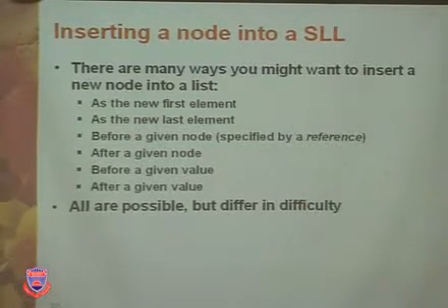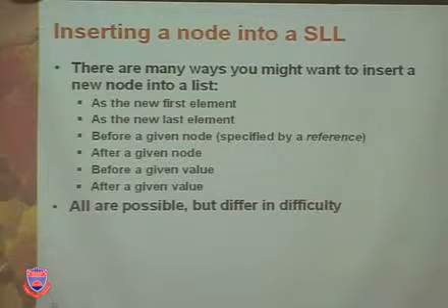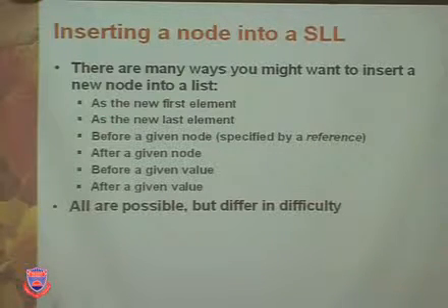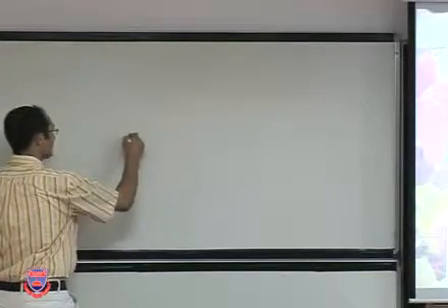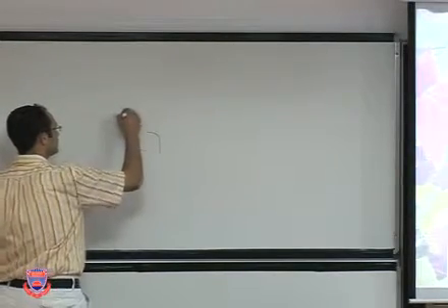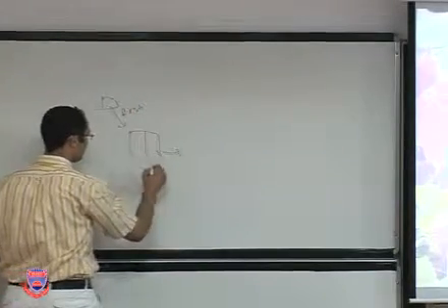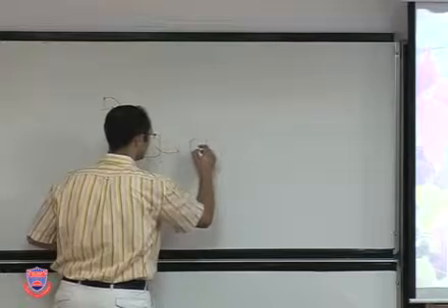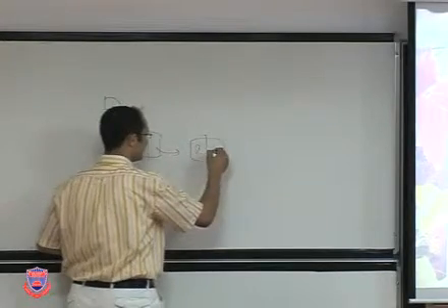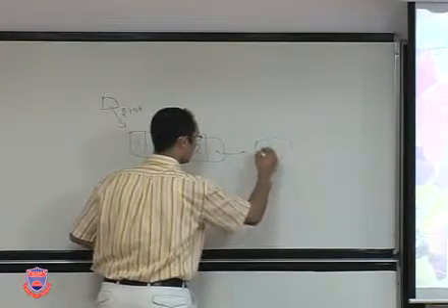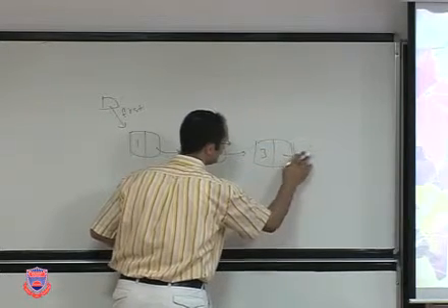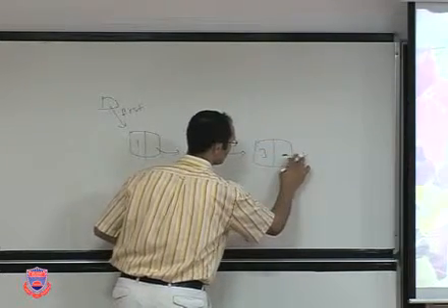So how am I going to, let's say I have, let's say this is first, and then I have 1 here, 2 here, and then 3 here, and this is basically a null pointer which doesn't point to anything.